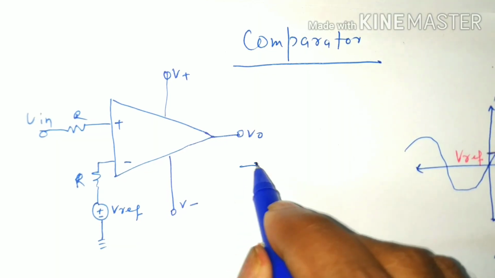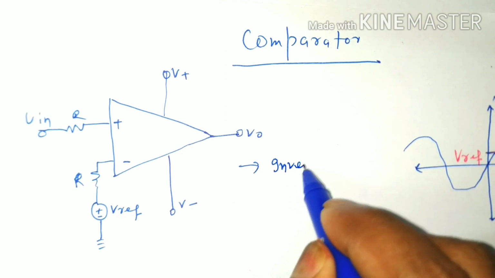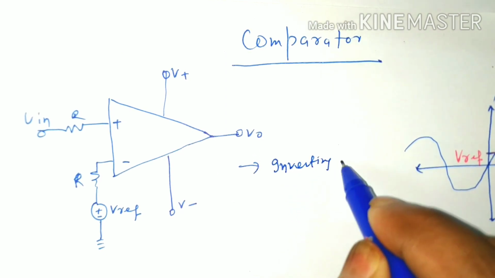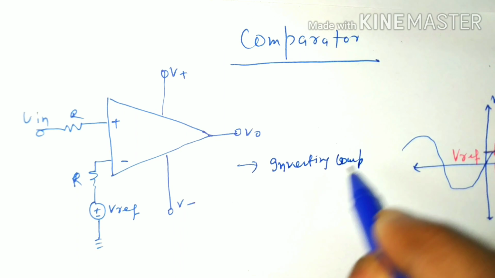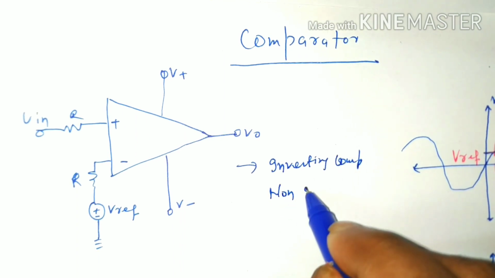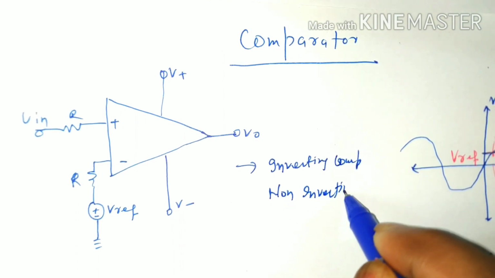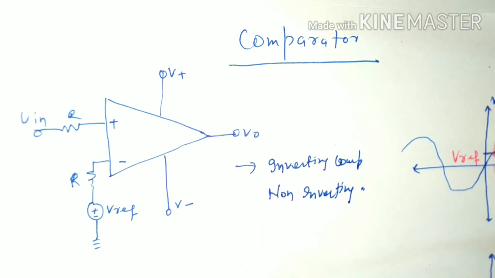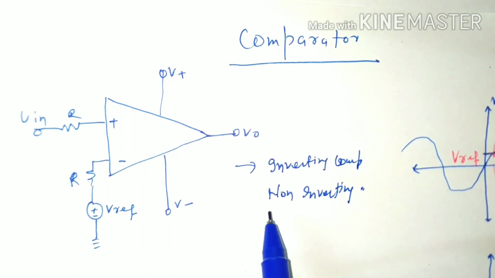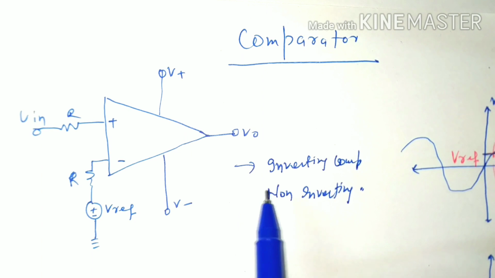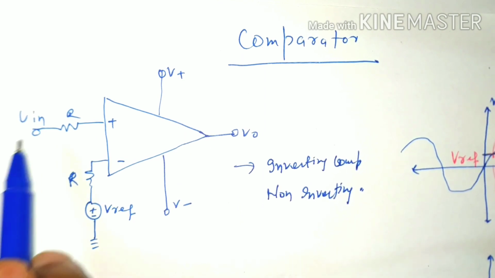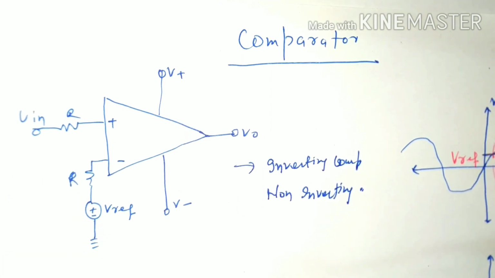It has two types: inverting comparator and non-inverting comparator. If the input is connected with the non-inverting terminal, then it is called a non-inverting comparator.